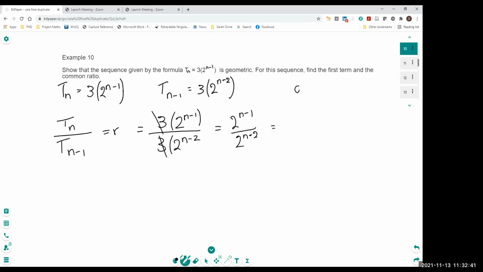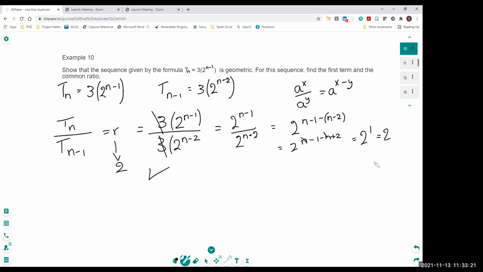If you have a to the power of x divided by a to the power of y, the answer is a to the power of x minus y. So we have 2 to the power of n minus 1 minus n minus 2, which is equal to 2 to the power of n minus 1 minus n plus 2. The n's are gone, and we have minus 1 plus 2, so we have 2 to the power of 1, which is equal to 2. So r is equal to 2. That's the answer to the first part.